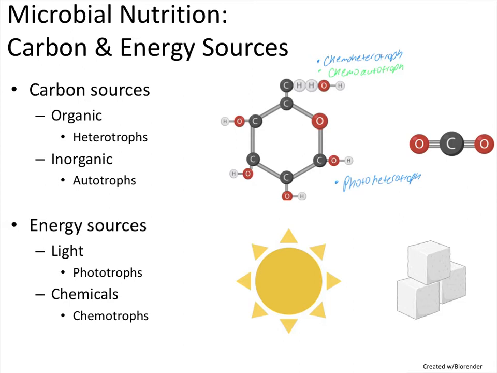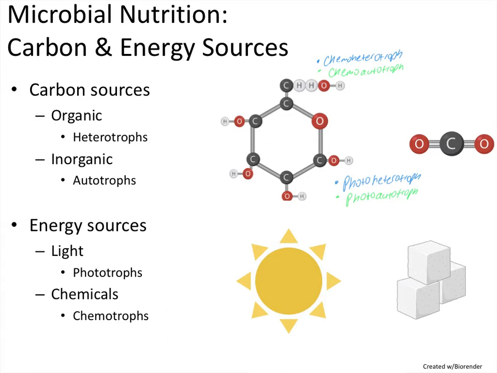A photoheterotroph would use light as a source of energy and organic carbon. And finally, a photoautotroph would use light as a source of energy and inorganic carbon.